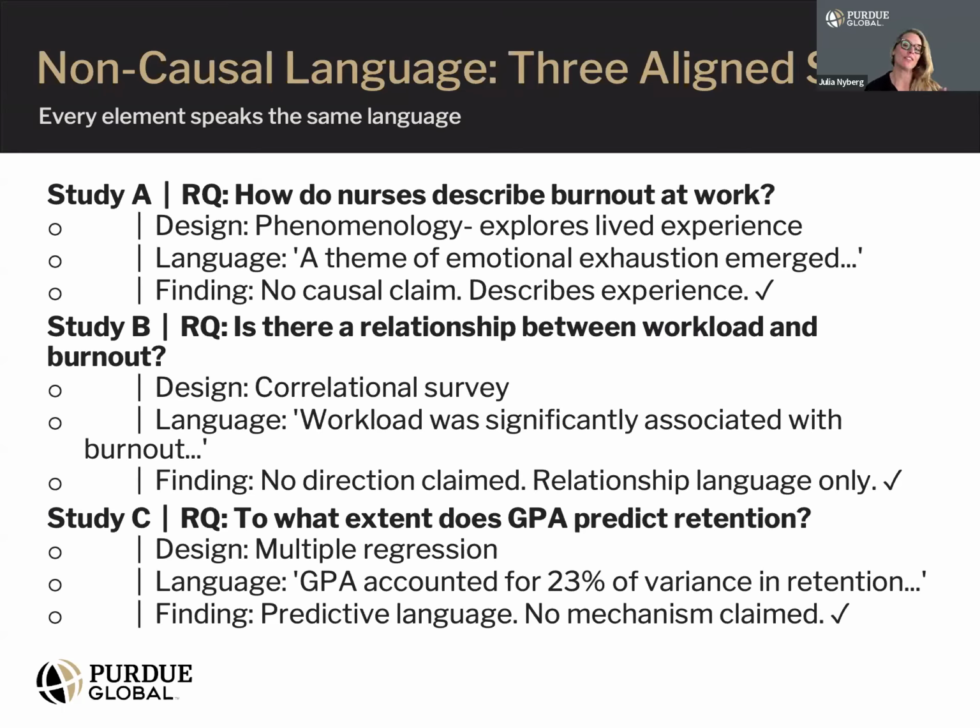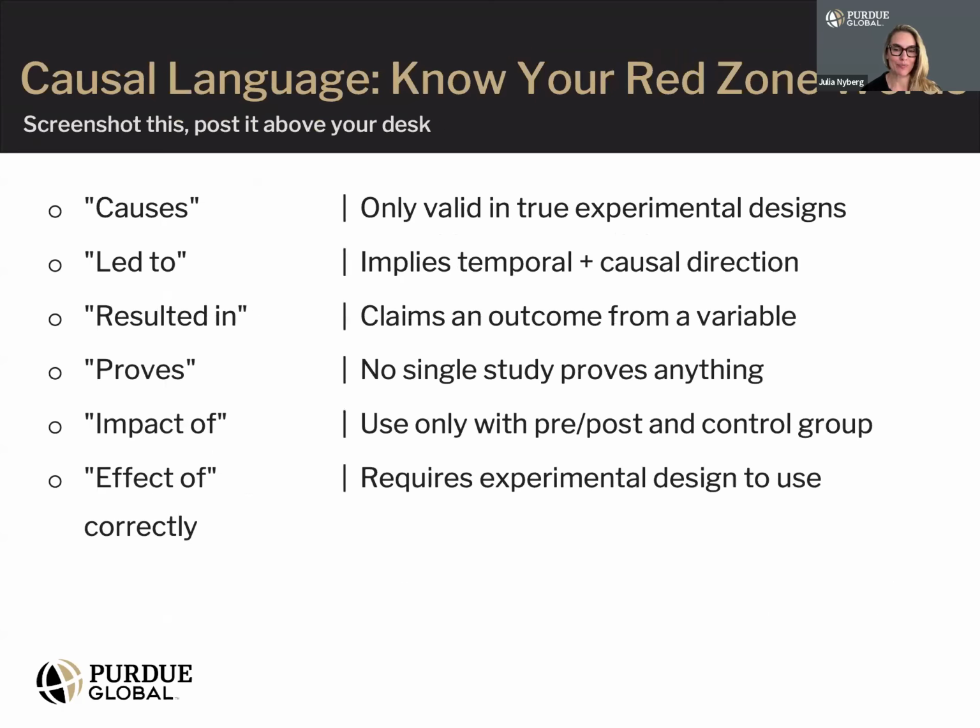In all three of these cases, study A, study B, and study C, the design, the research question, and the language are all saying the same thing. This is an example of alignment. The next piece that I have to share with you are the red zone words.